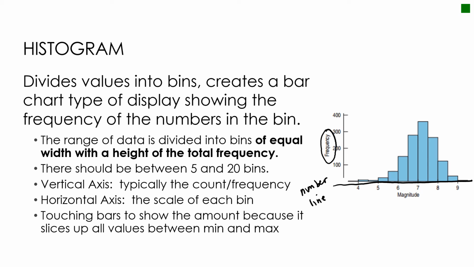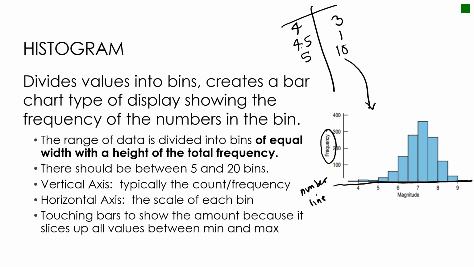So if I had a frequency table where the magnitudes are 4, 4.5, 5, etc., it looks like the number for 4 is really small. Let's just say 3. For 4.5, it looks like there's a little bit of a bar there. 5 to 5.5, I would say looks like 10, etc. That would be the data being displayed in your histogram.